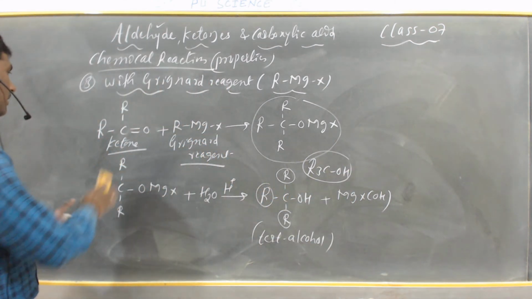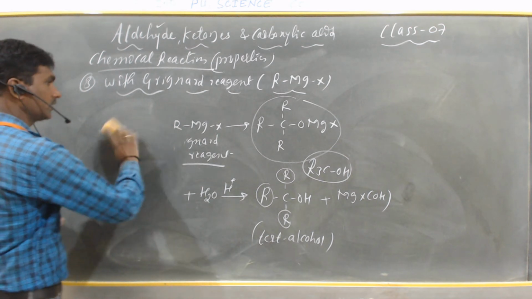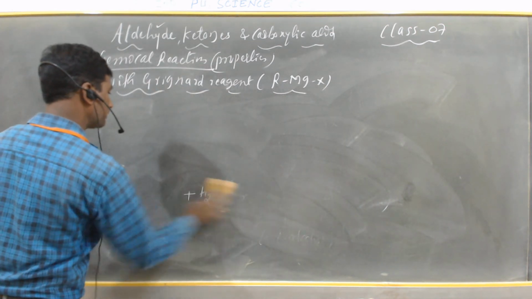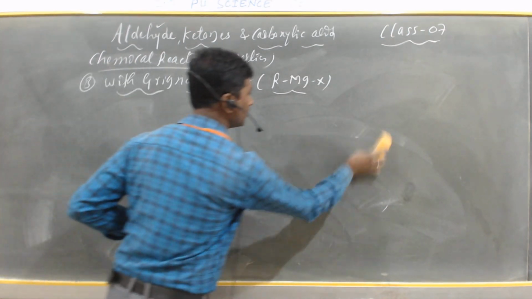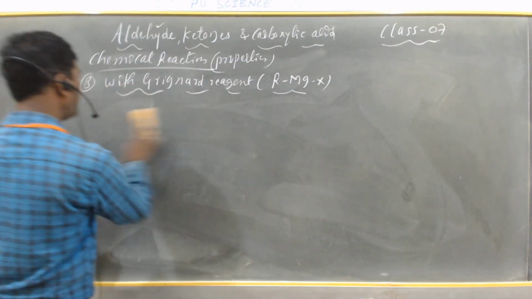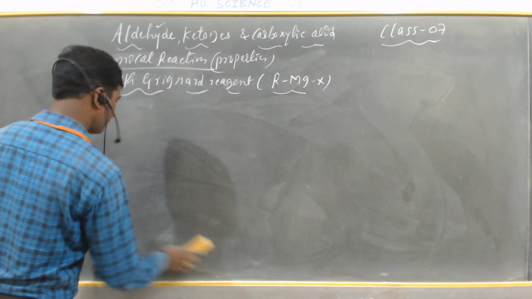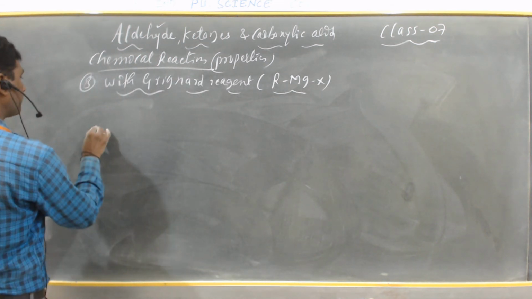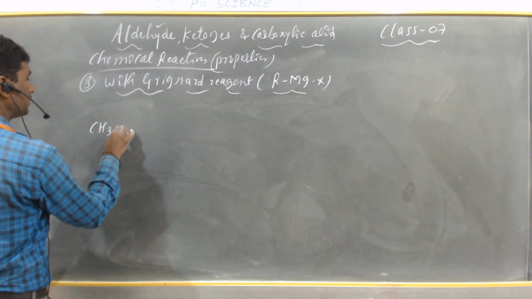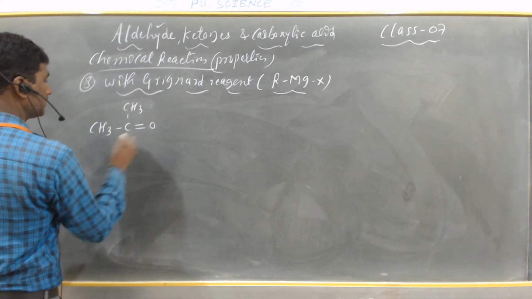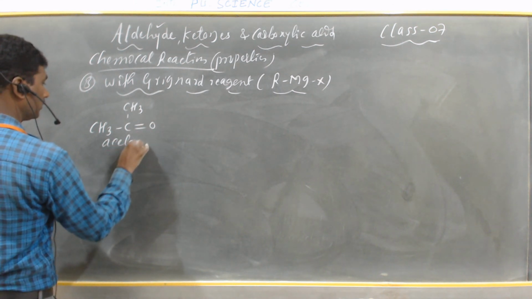So what is the example? Now I can discuss the example of addition of Grignard reagent to a ketone. The ketone example is acetone, CH3, C double bond O, CH3.